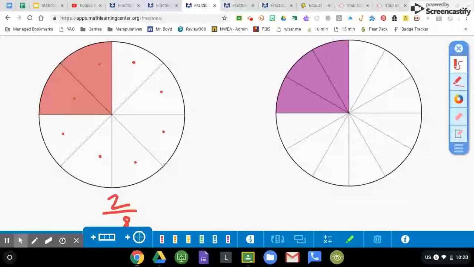And purple, I have 3 pieces shaded out of 4, 5, 6, 7, 8, 9, 10, 11, 12. 3/12. Now, I ask you, is 2/8 greater, less than, or equal to 3/12? Well, if you look carefully, you'll see that there are the same amount shaded on each of these fractions. Therefore, 2/8 equals 3/12.